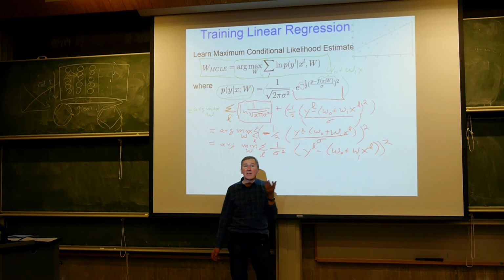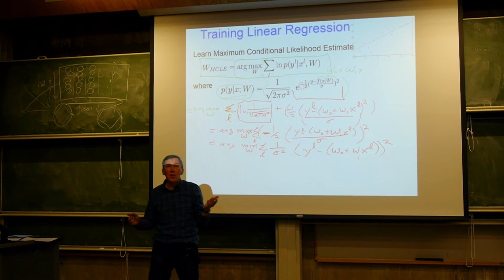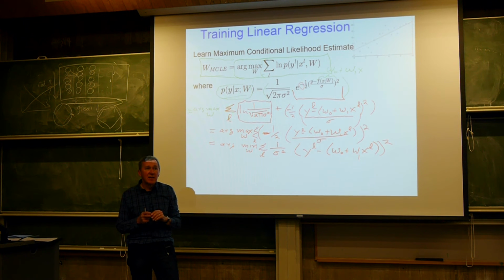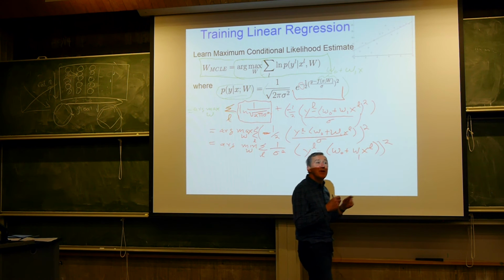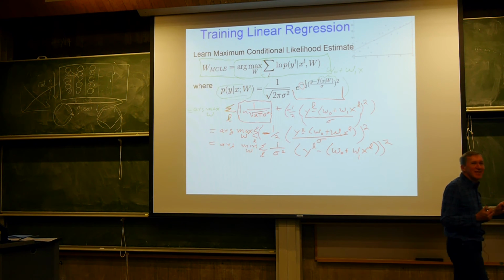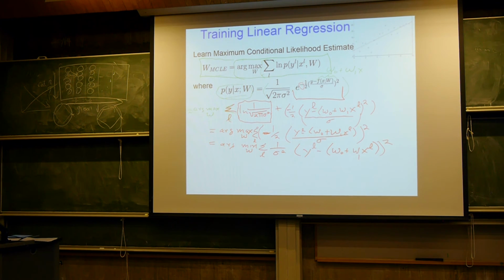So if you've seen linear regression before, or many kinds of curve fitting that people do, often the lecture begins by saying, let's minimize the sum of squared errors. Let's find the curve fit that minimizes the sum of squared errors. It's a reasonable thing to do, and then the course goes on from there.